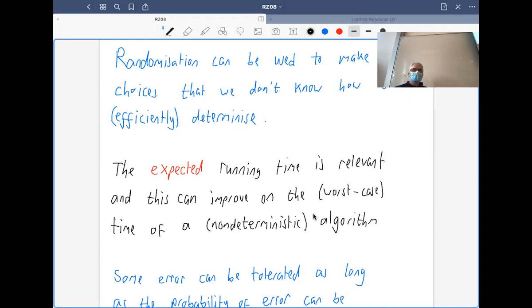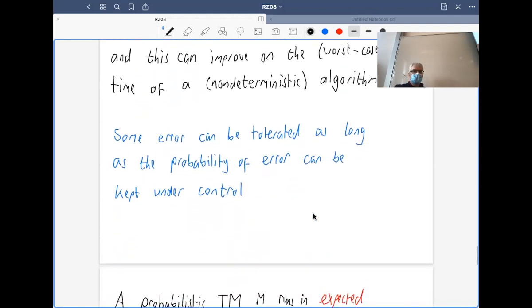To do this, we're going to incorporate expected time and the possibility of making an error in a bounded way.